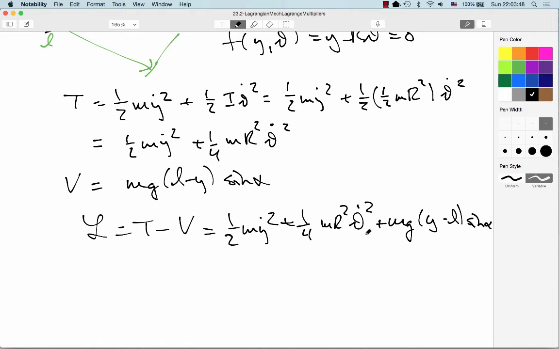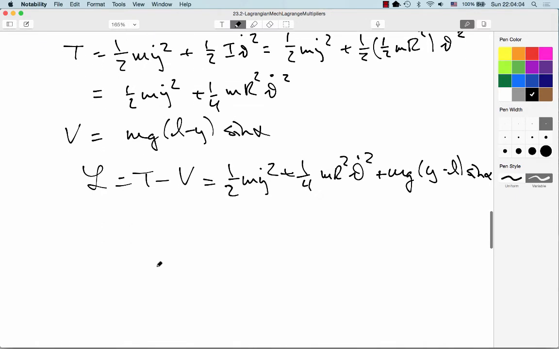In fact, at the end of this, I will do just that, just to show that if you don't need the constraint forces, you should exploit all of your constraint equations and get your Lagrangian cleaner.